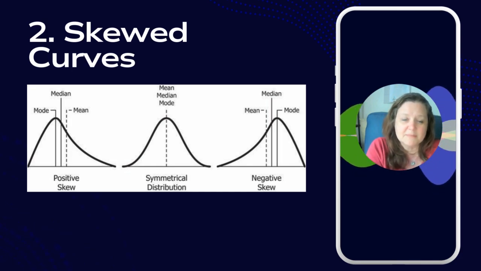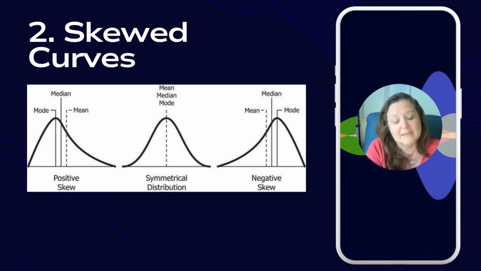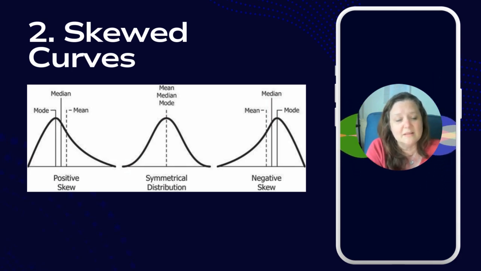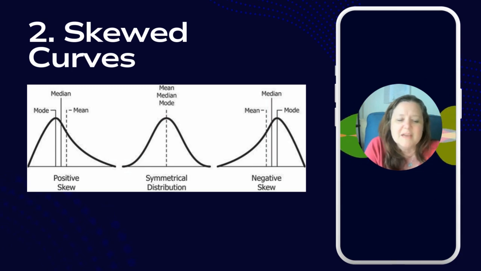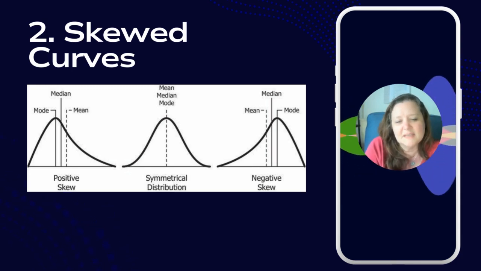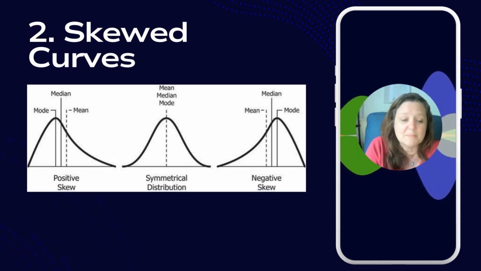And then the longer tail on a negative skew is on the left. And so you go on a number line, you go negative when you're going to the left. So you'll get that negative. You can see here which is going to be higher and lower in terms of the mean, median, and mode. So that's kind of interesting information to pay attention to.